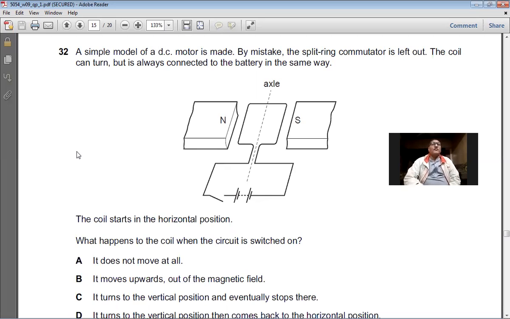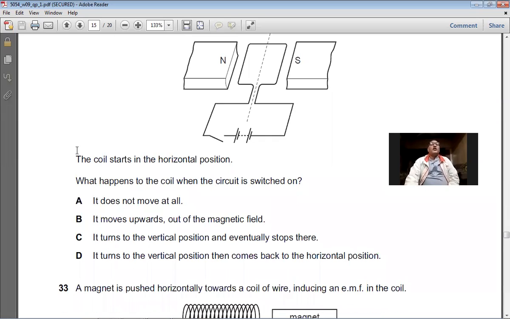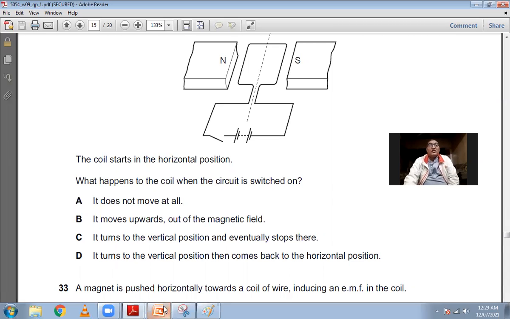It does not move at all. It moves upward out of the magnetic field. It turns to the vertical position and eventually stops there. It turns to the vertical position and then comes back to the horizontal position.